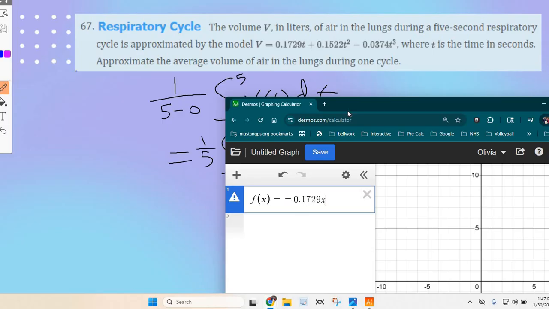Now, it does not like t's, so you're going to have to use x's. So I have my function, yes? Why are you mad? Oh, too many equal signs. There we go. And I have my nice pretty function there, yes?